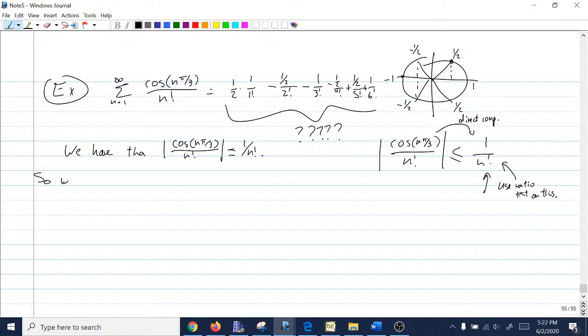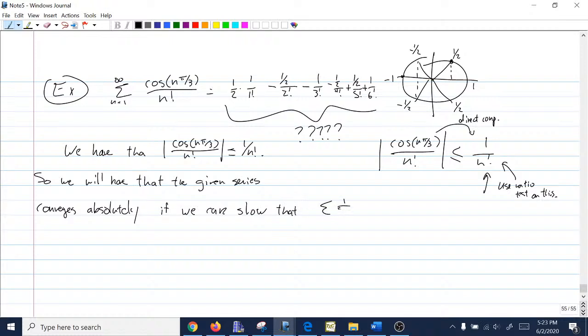So we will have that the given series converges absolutely if we can show that the series sum 1 over n factorial converges, which we can do by the ratio test.